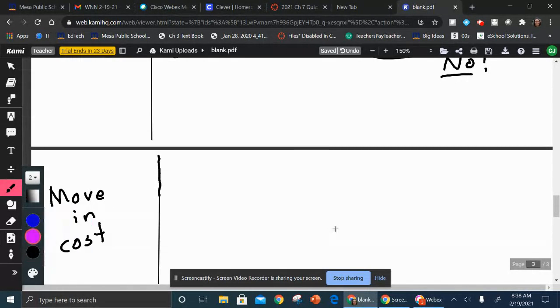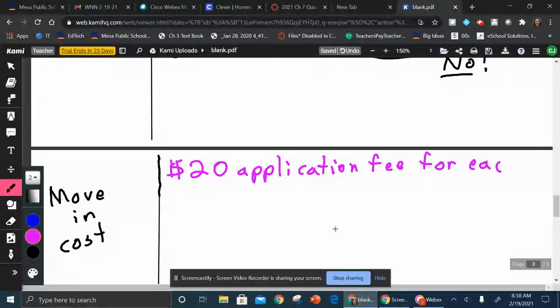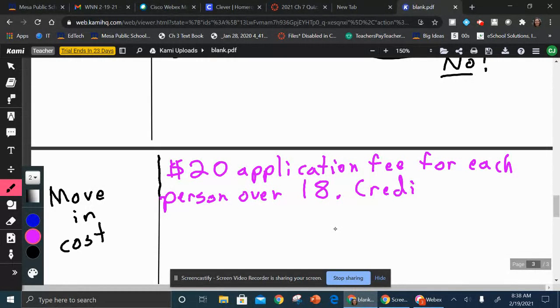So let's say, everybody, there's a $20 application fee, and this is really common, for each person over 18. They're going to run a credit report for each person over the age of 18.